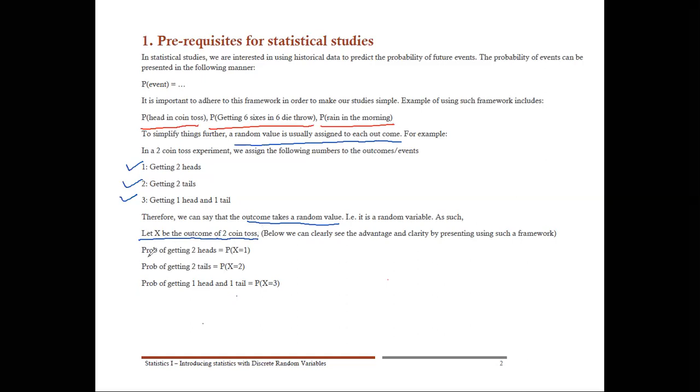So instead of saying probability of getting 2 heads, we can just say P(X = 1). Instead of saying probability of getting 2 tails, we can just say P(X = 2). And of course, P(X = 3). All right, so we don't use English over here. Instead, we use a numerical value, okay, which we call a random value.